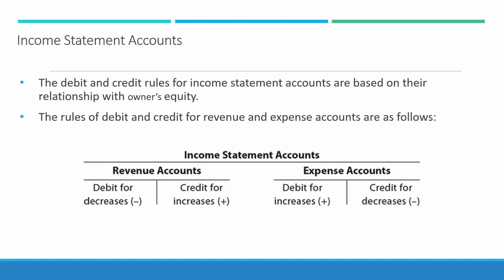How about this, guys? Revenues minus expenses equal net income or net profit, okay? Do you remember last week this net income flowed back to owner's equity to be added to owner's equity?